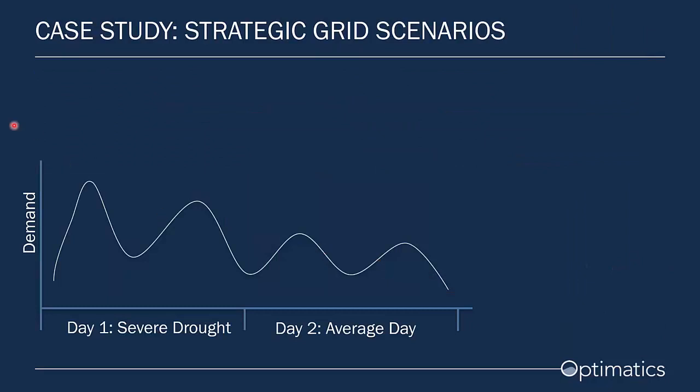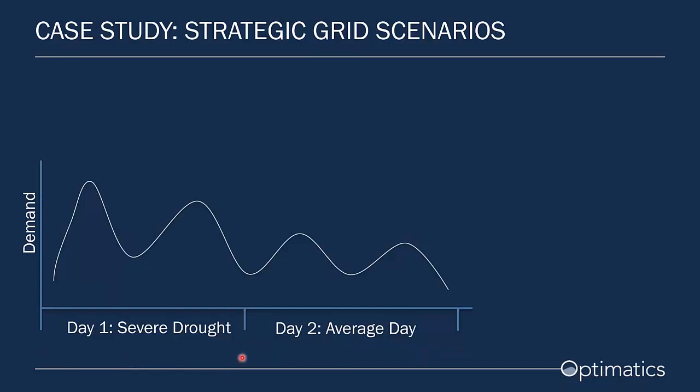So a detail here that I just want to highlight in terms of the scenarios, so this was a detail in the WS Pro model setup, actually considered 2 days worth of demand. Because this system needed to work across a severe drought, which was the worst case scenario, it also needed to function in an average day.